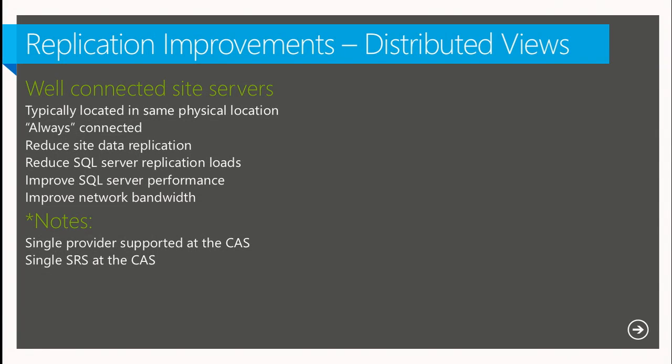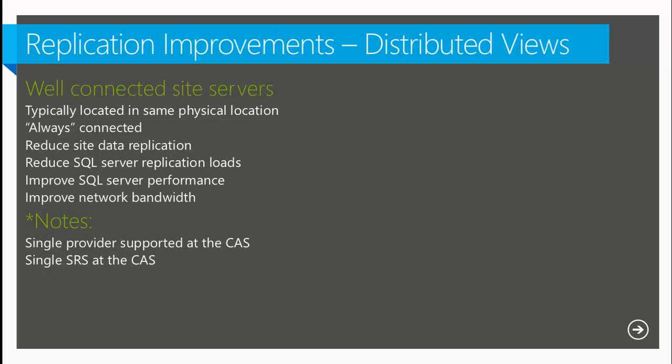Now, I'm going to ask a new question, because this does get a little complicated. Who knows what distributed views are? Okay, I see one back there. I see my colleague. All right, so one person knows. Distributed views is a concept created by the SQL Server product group, and we're leveraging that. Now, who here would like to turn off replication in certain cases?